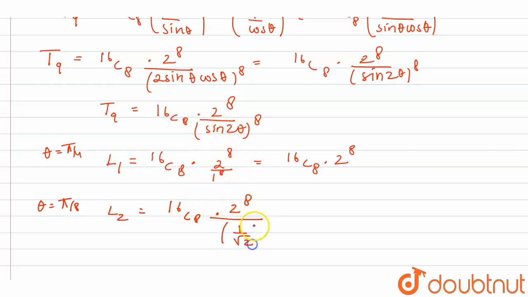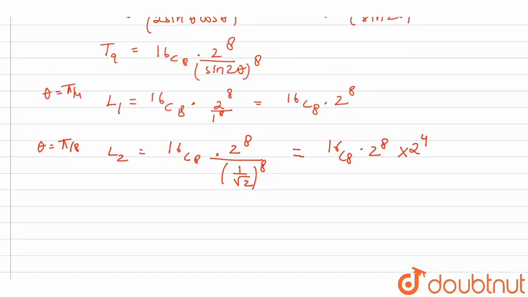So (1 by root 2) to the power 8. So this is equal to 16C8 into 2 to the power 8, and 1 upon (root 2) to the power 8 will be 1 upon 2 to the power 4, and this will come in the numerator, so this becomes 2 to the power 4.